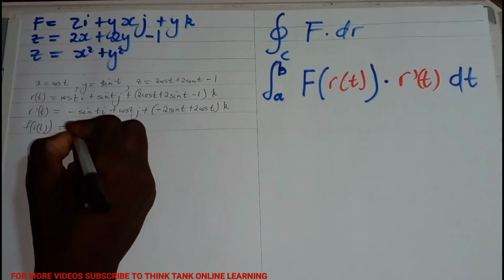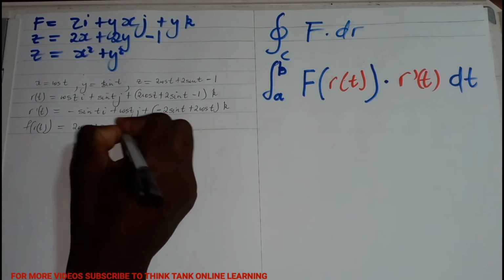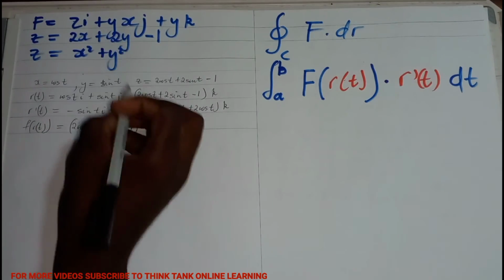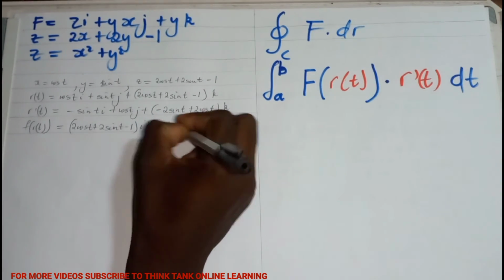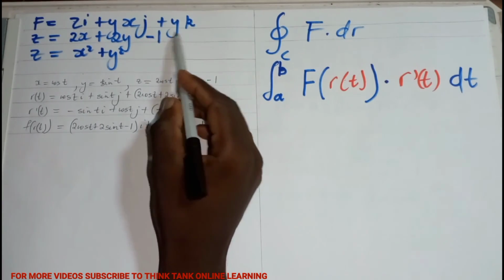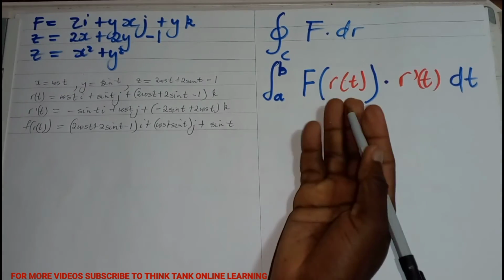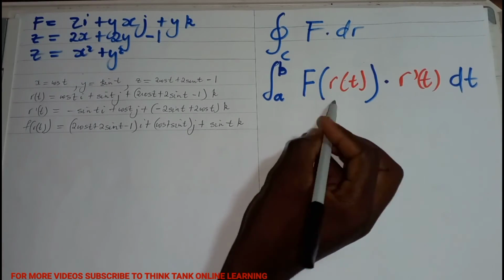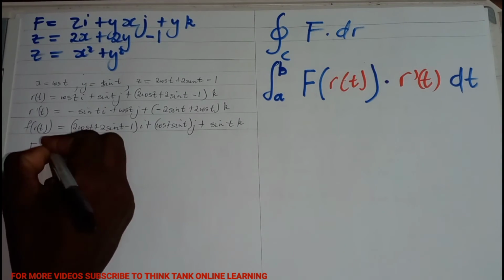We said z is 2 cos t plus 2 sin t minus 1, i, plus y x, so that is cos t sin t j, plus what is the z component k, which is y, so that is sin t k.